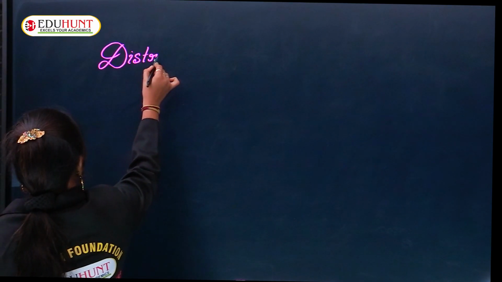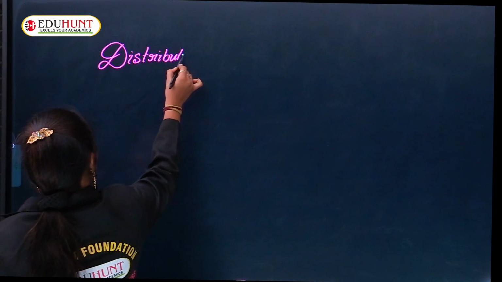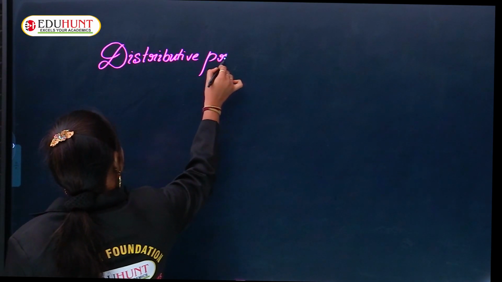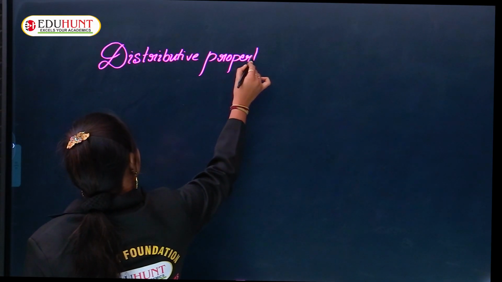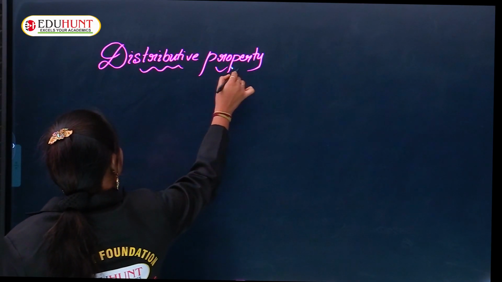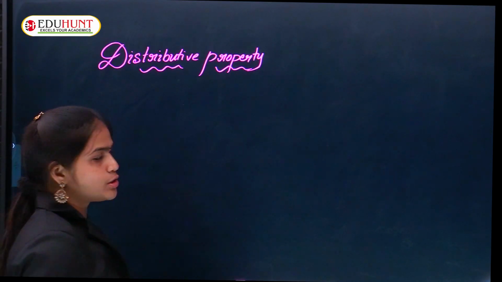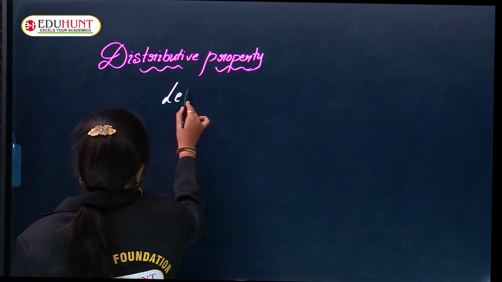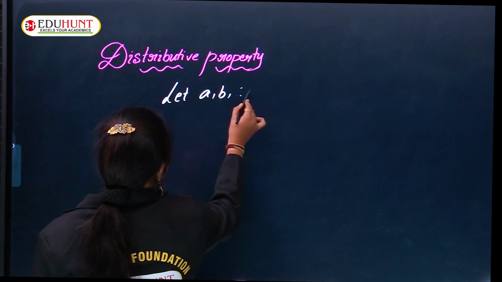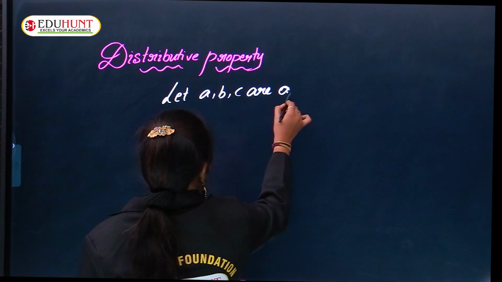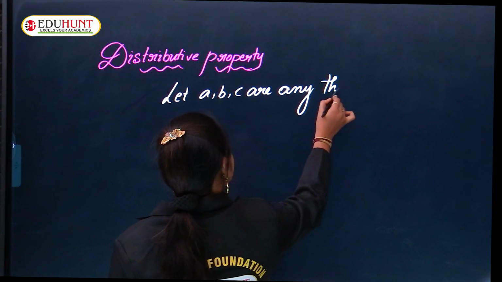What is that? Distributive property. The condition of the distributive property is: let A, B, C be any 3 whole numbers.